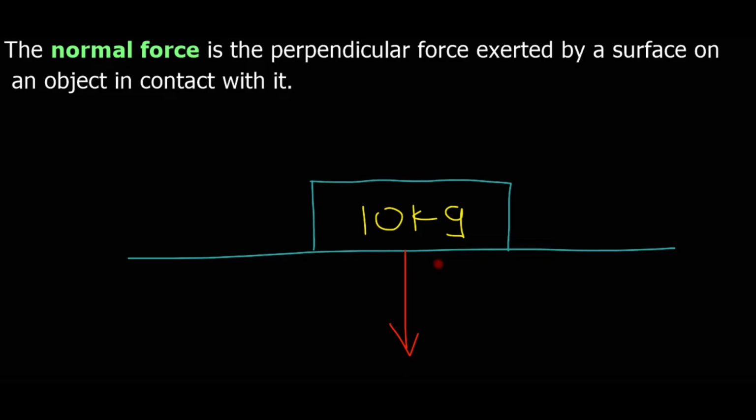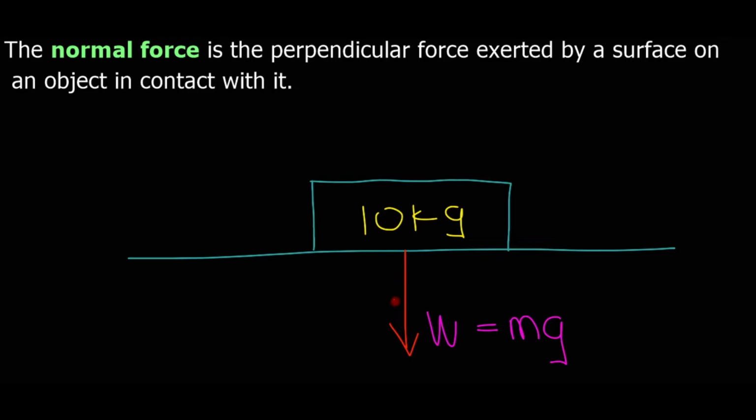Remember, the force of gravity always pulls the object downwards. We calculate the weight as W = mg, where g is 9.8 and m is mass.